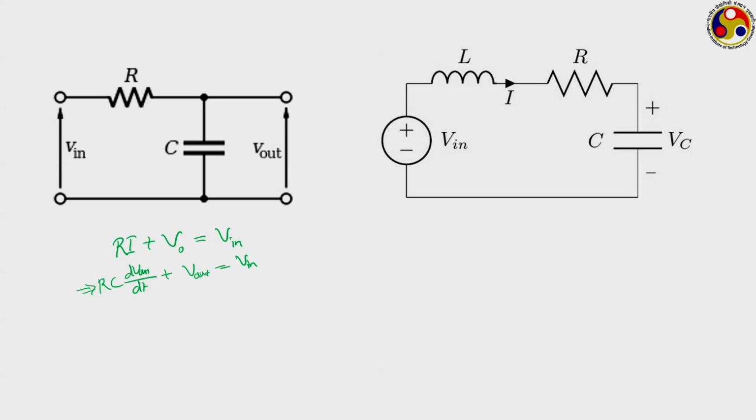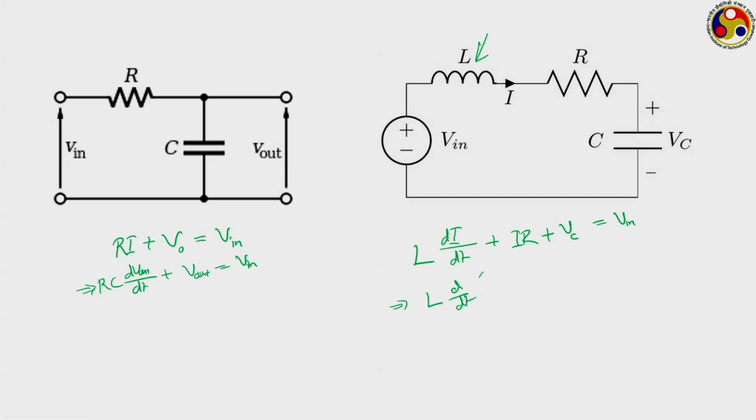Now, look at the same circuit, but here we have an inductance coming into the picture. If we apply our principle on this, the voltage drop across the inductance will be L di dt. These are straightforward electrical principles, and applying Kirchhoff's law, it will be this plus IR plus Vc, that is the voltage applied across the capacitor, should be equal to V in, using the principle from the previous case.